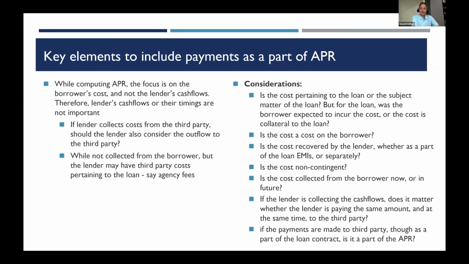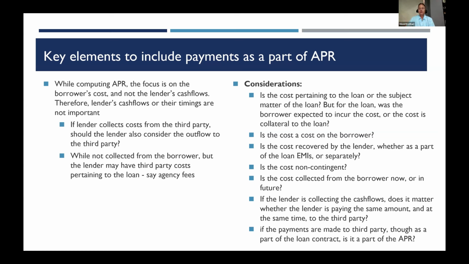These are not incorporated. Because like I mentioned, the focus is only on the borrower's cash flows, not on the lender's cash flows. And the consideration based on which we will or will not include elements as part of APR is the cost pertaining to the loan or subject matter of the loan. Subject matter means, for example, if it's a vehicle loan, the vehicle.